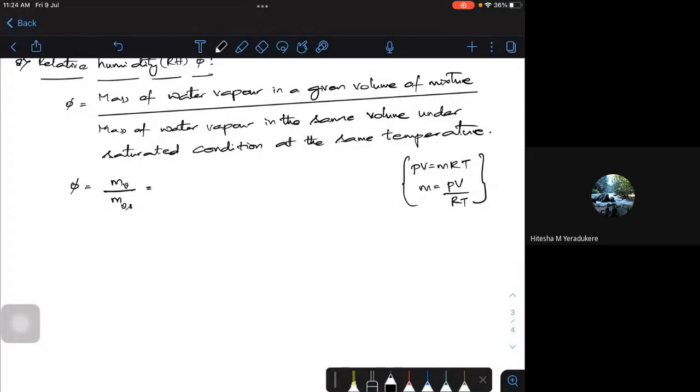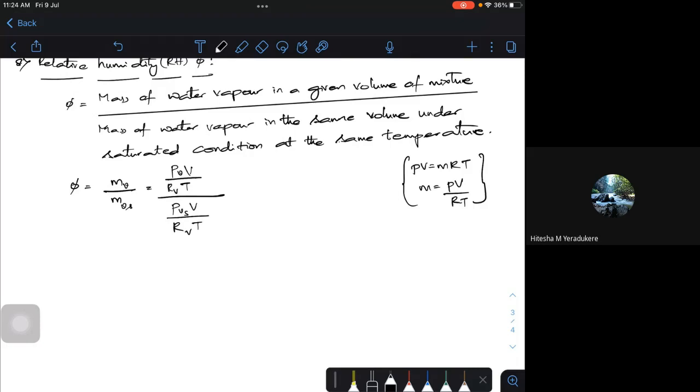If I try to write it, this will be PV into V divided by RV into T, whole thing divided by, okay, sorry, it is not T, it is V, and this will be PVS into V divided by RV into T. That's it.